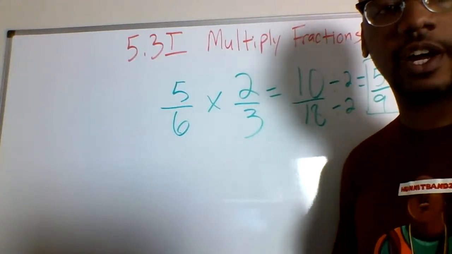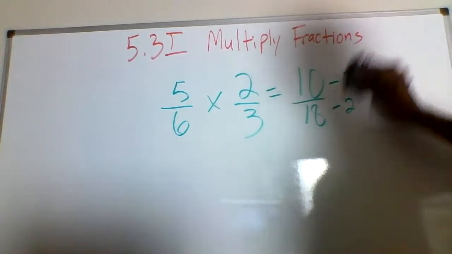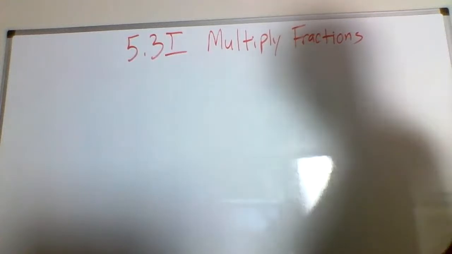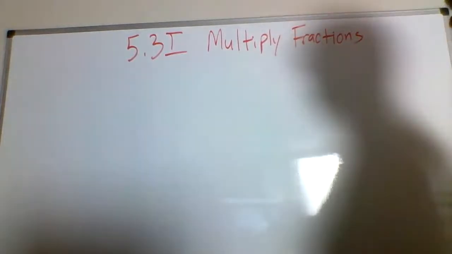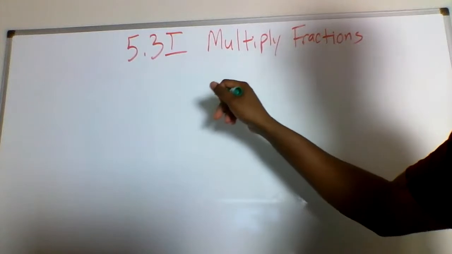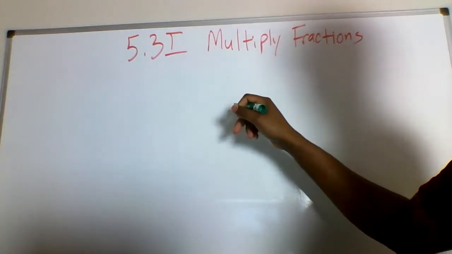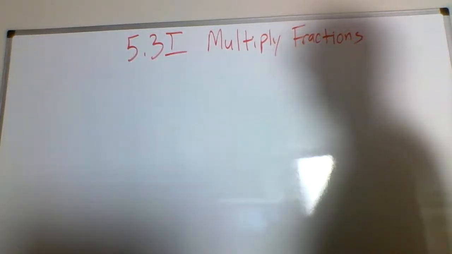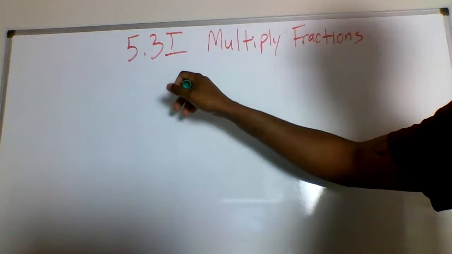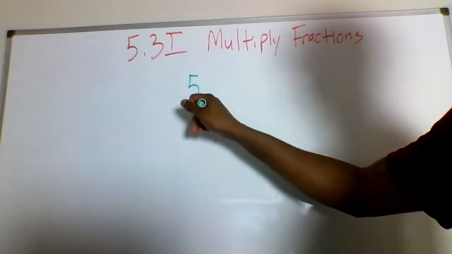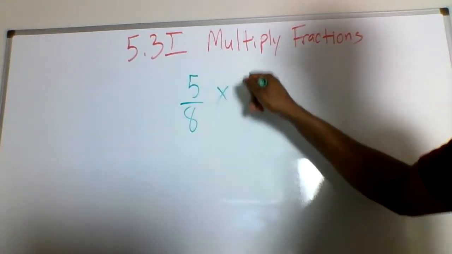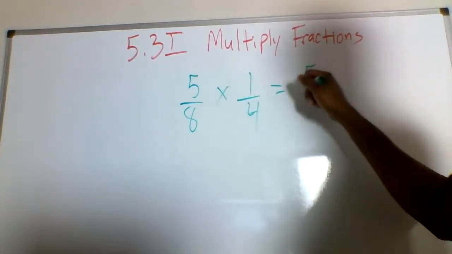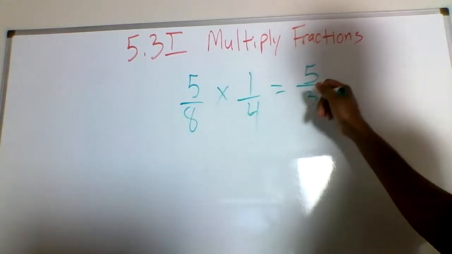All right. I'll give you one more 6th grade answer, then we can move on. 5/8 times 1/4. Well, 5 times 1 is 5. 8 times 4 is 32.